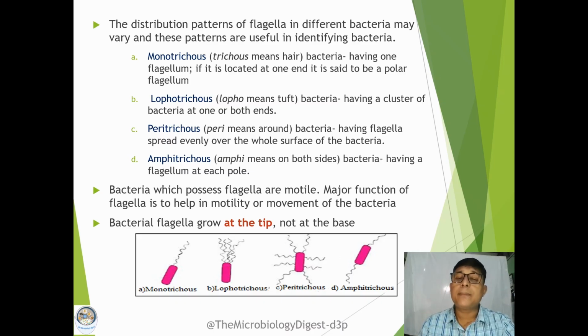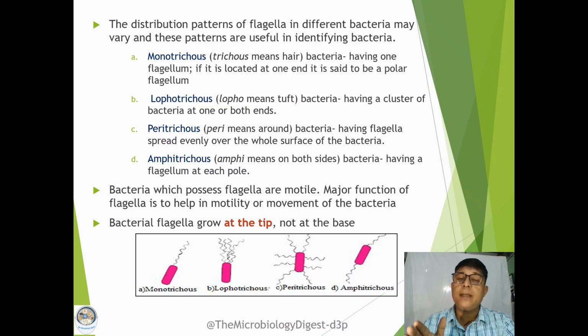Then one more term, which I have not mentioned here, is the atrichous. Atrichous is a term given to those organisms when there is no flagella present in a bacteria. That condition is called as atrichous.